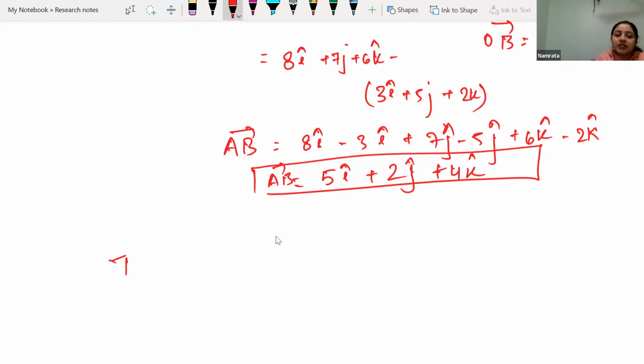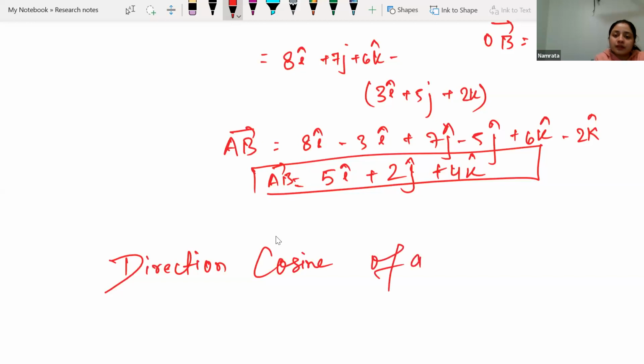Now here we have one concept, that is the direction cosine of a line. As the name says, direction cosine. Whenever we talk about direction in the vector chapter, we are talking about the angle, like what angle the line is making with the x-axis, y-axis and z-axis.